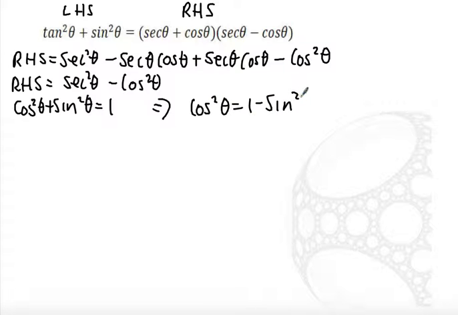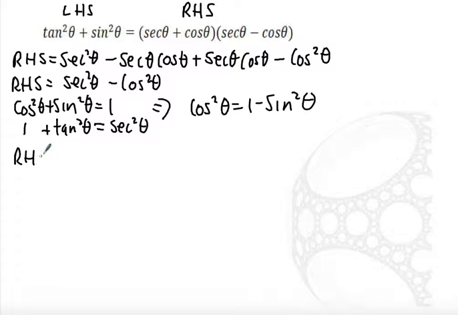That could help me work towards the sine squared. I also know that 1 plus tan squared theta equals sec squared theta. This will help me remove the sec squared theta and move closer to the tan squared theta. So let's make those substitutions.